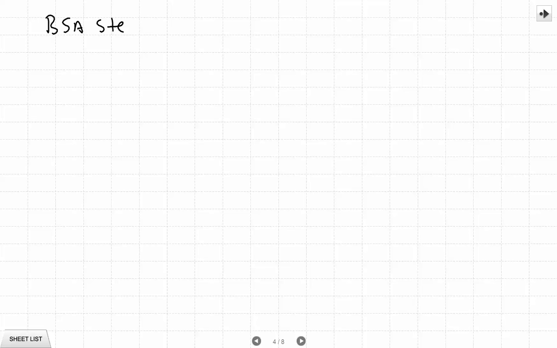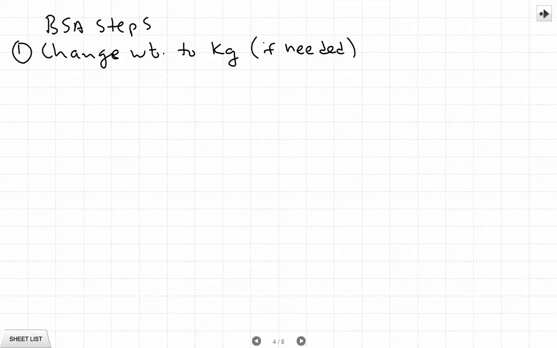So the BSA steps. Step 1, change the weight to kilograms, if needed. Right? If we already give you the weight in kilograms, you don't have to do anything. But that's our W in the formula.